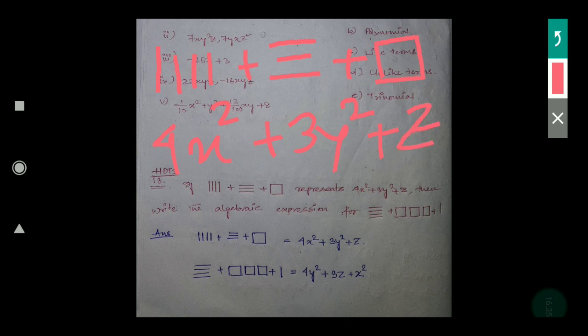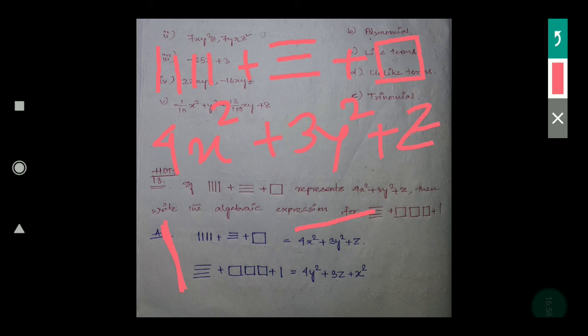This vertical line means x square, and this horizontal line means y square, and the box represents z.